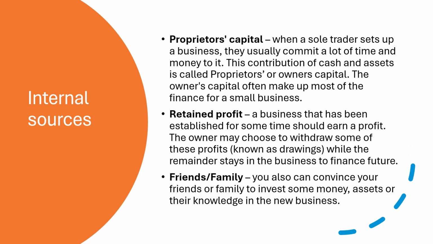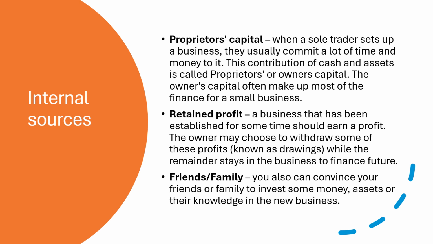Internal sources of finance come from within the business. So they can be proprietor's capital, which means when starting a business, a sole trader often invests personal money or assets. This is known as the owner's capital and usually forms the main source of finance for small businesses. Then they have retained profits.